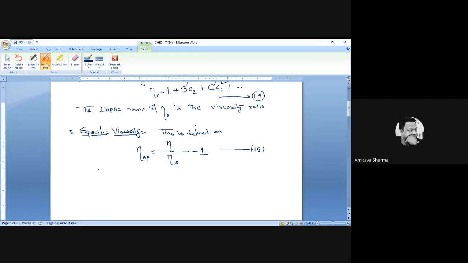Now from equation 14 we can write it like this, and this is equation 16.